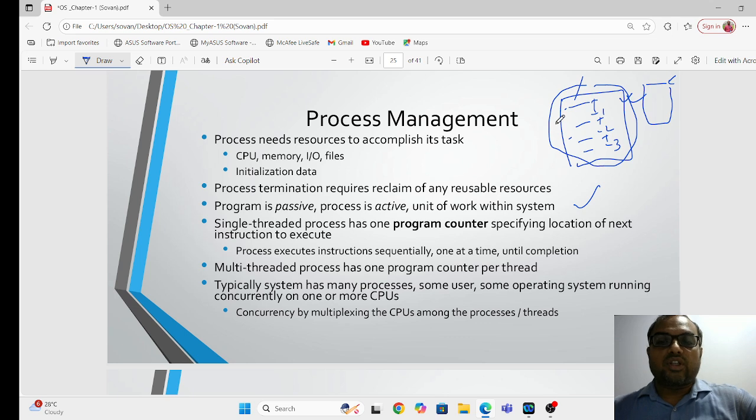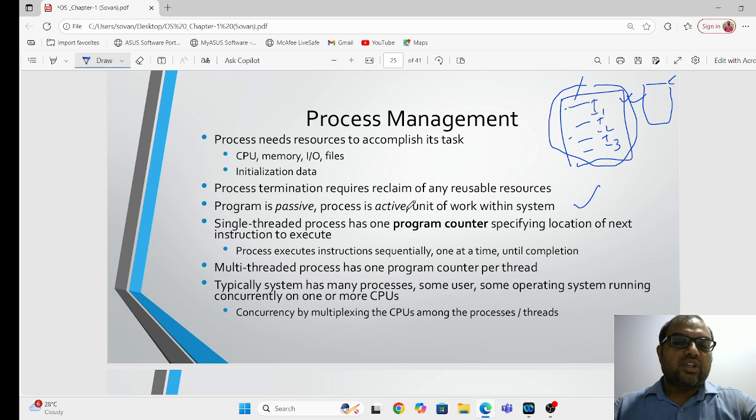If the process gets the chance to execute on the CPU, then the CPU fetches instructions one by one, and as per the instructions it can allocate memory, fetch data from memory, or the input output may be busy, so it performs its total operations. When it is completed. That's why the program is passive and the process is the active part until the work is completed within the system.